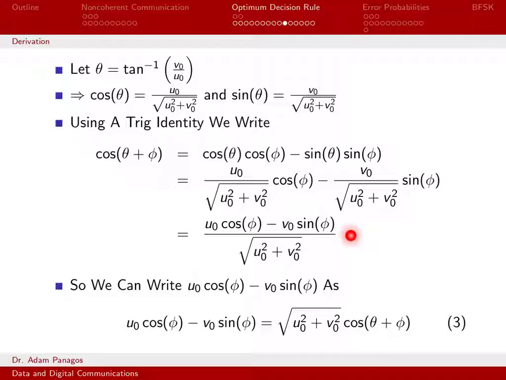Now look at this: cosine of theta plus phi equals this. If I multiply both sides of the equation by the denominator term, I can write equation 3: u0 cosine phi minus v0 sine phi equals this. And now we see why this is useful. This is a term that I had in my integral, and I've been able to rewrite it in this form, which we'll see is going to be helpful to solve this integral.